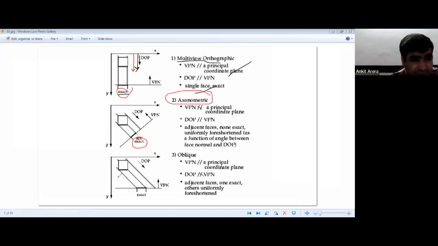Let's move to the third element. When we are talking about oblique views, oblique projections, you are having it as oblique, right? And in this particular case also you're going to get exact dimension. This is the direction of the visualization, or the direction of plane, you can call it. Adjacent faces are there, one exact, others uniformly foreshortened.